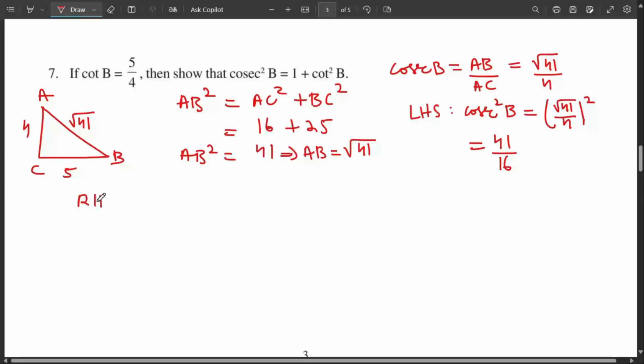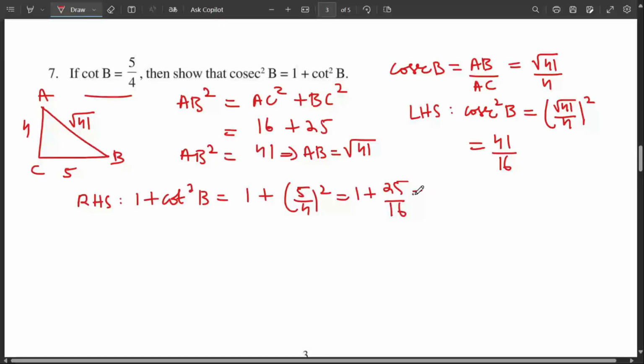So in the right hand side, we have 1 plus cot square B. Cot B is 5 by 4, which is given in the question. So it will be 1 plus 5 by 4 the whole square, which is equal to 1 plus 25 divided by 16. If you take the LCM, the answer will be 16 plus 25, which is 41 divided by 16.